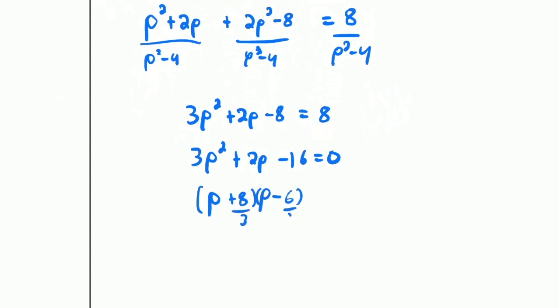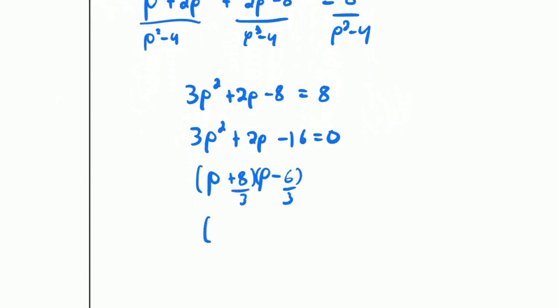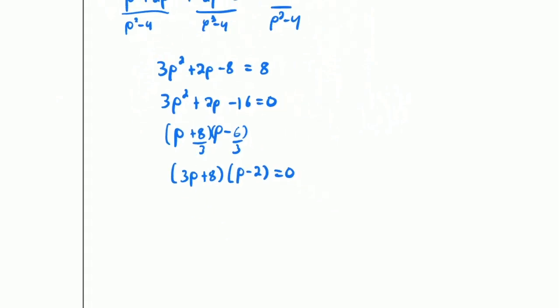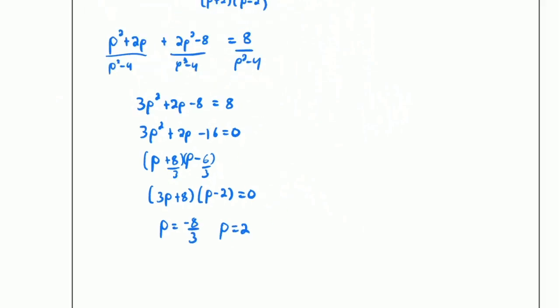Both of these now, divide them by 3. So I'll have 3p plus 8 and then p minus 2 is equal to 0. So then we'll have p is equal to negative 8 over 3, and we'll have p is equal to a positive 2.